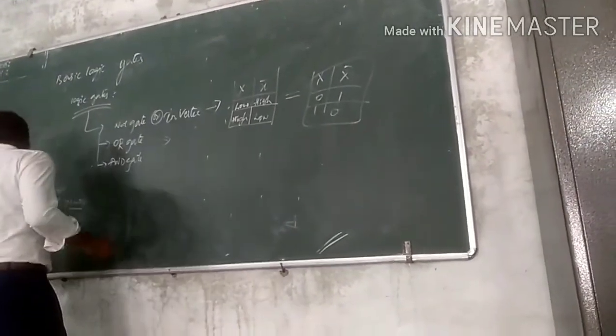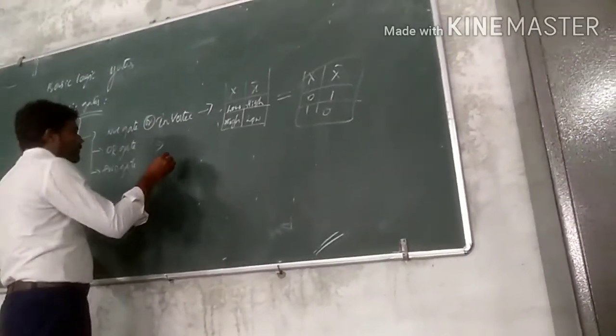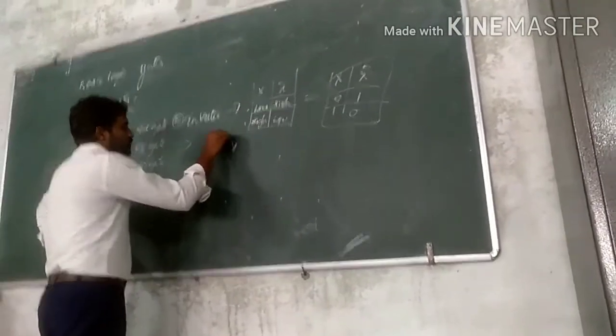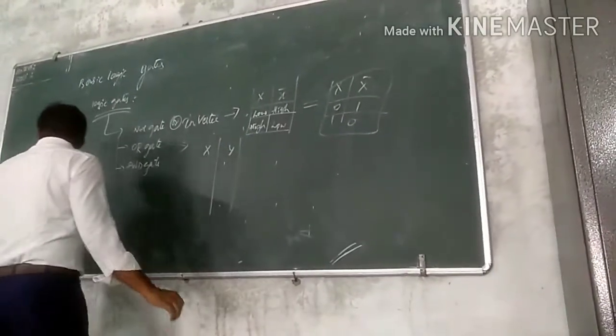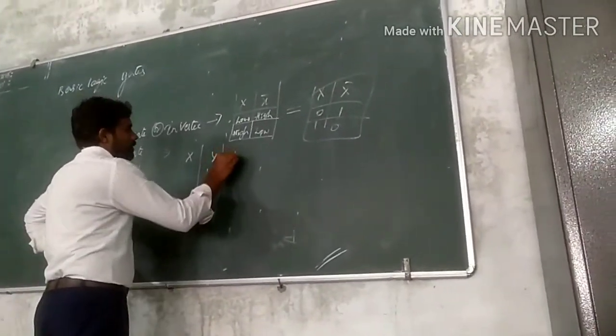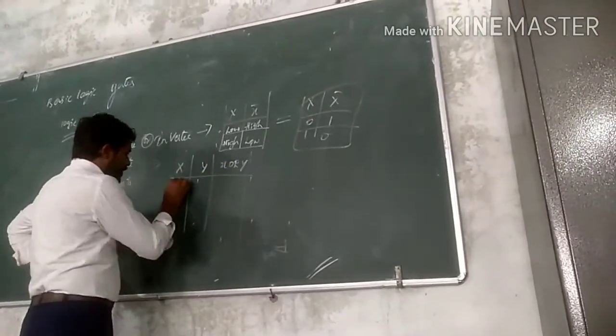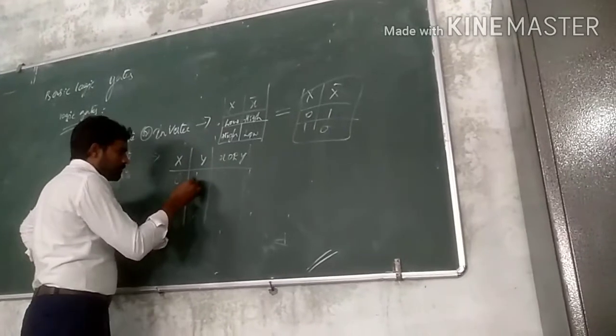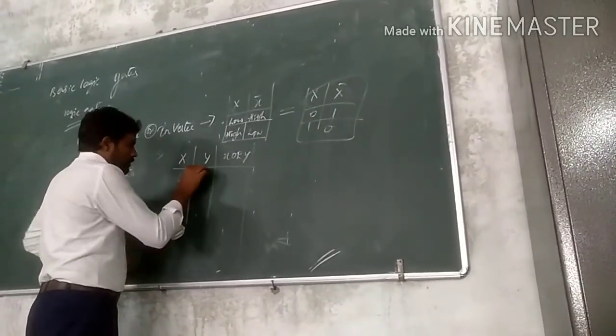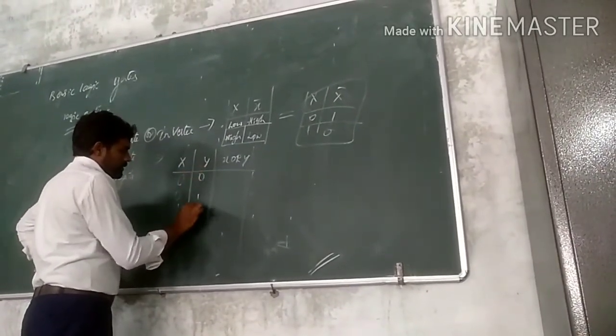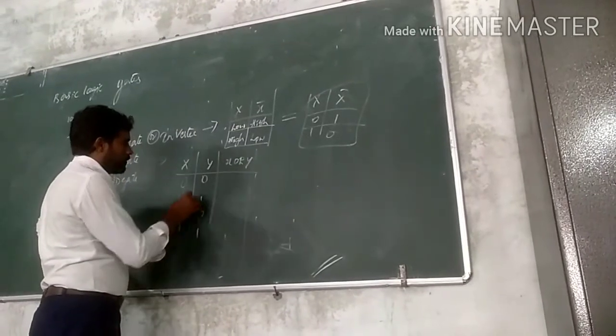So the logic gate over here: x, y and x or y. It is 0 0 1 1, 0 1 0 1.